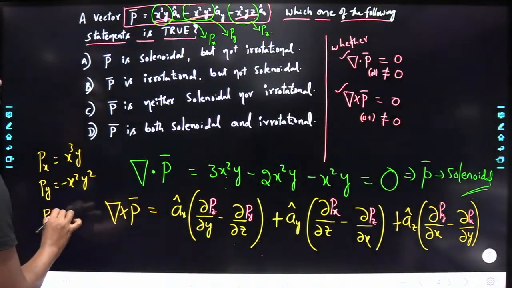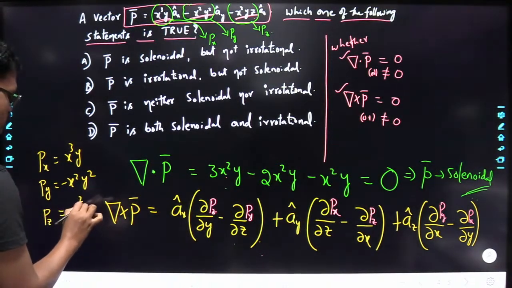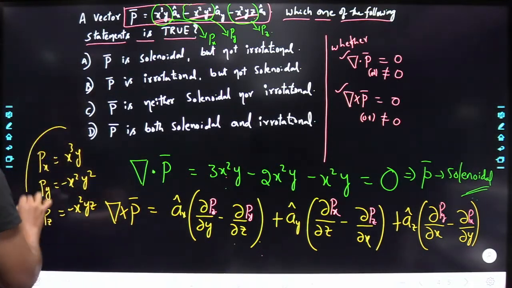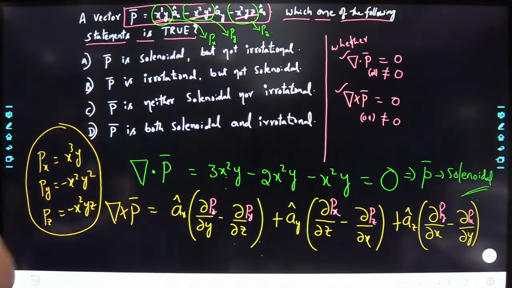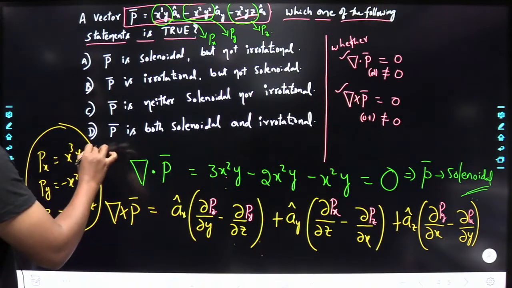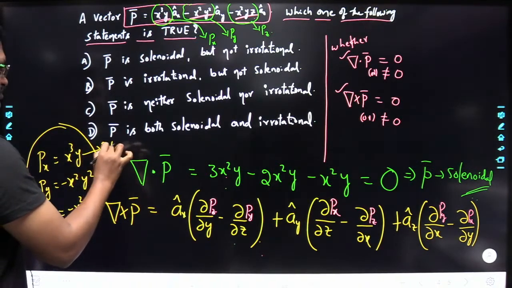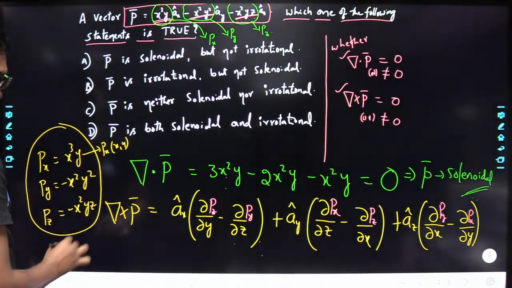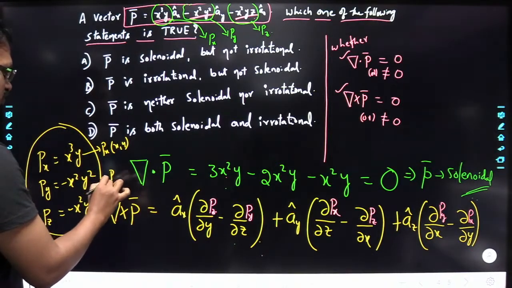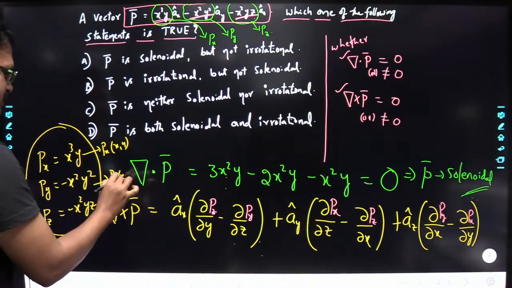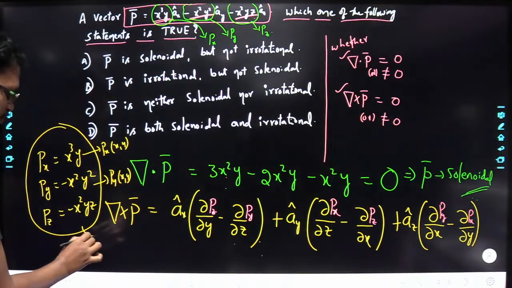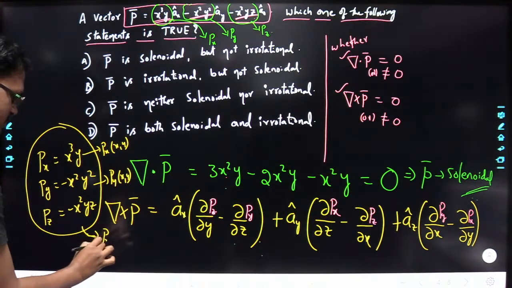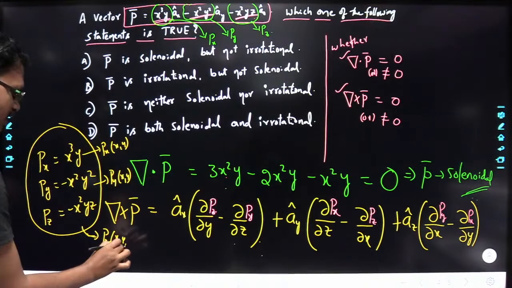Pz is equal to minus x square yz. Okay. Now if you observe, this px is a function of what? Px is a function of only x and y, and py is also a function of only x and y. Only z component is a function of x, y and z.